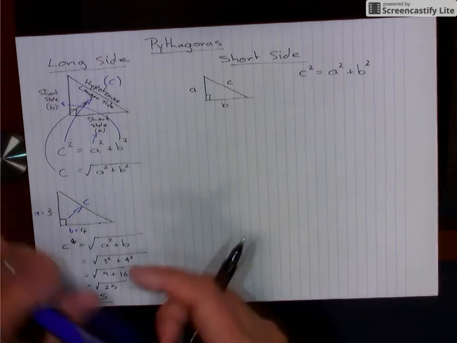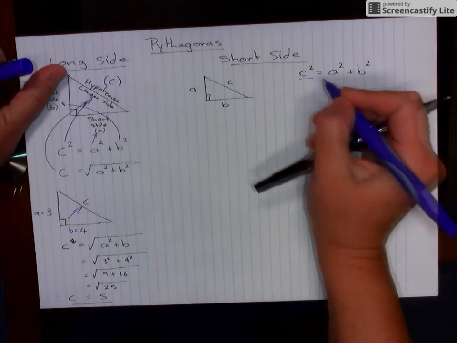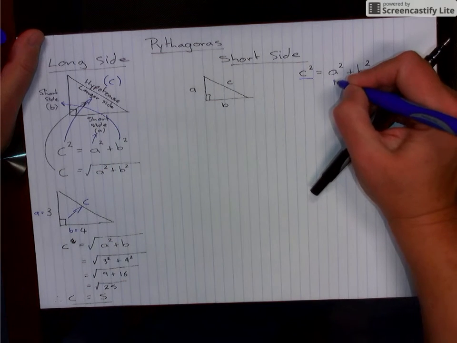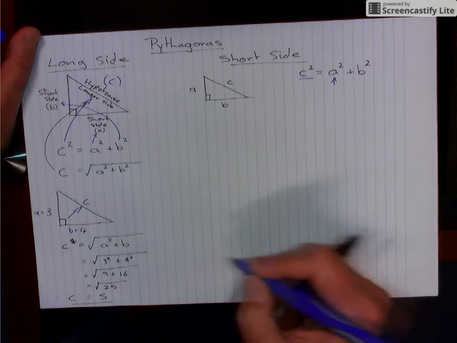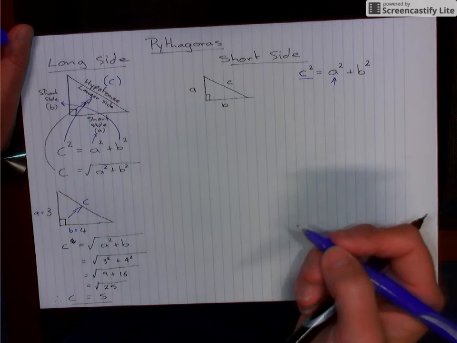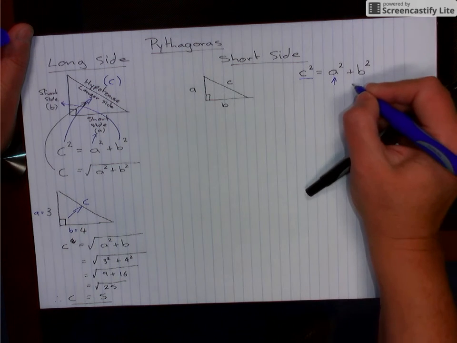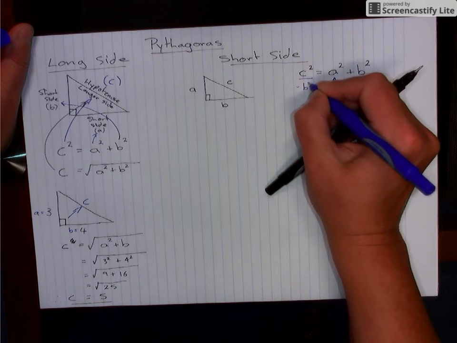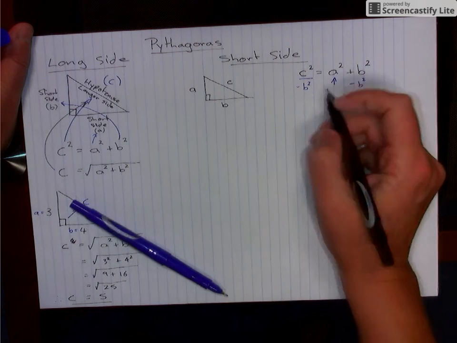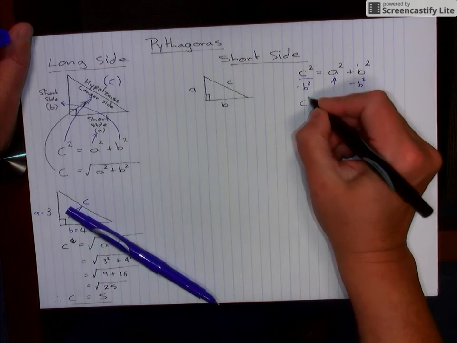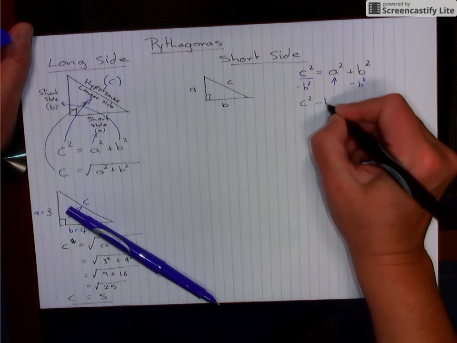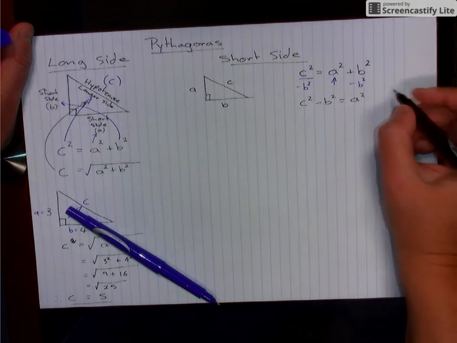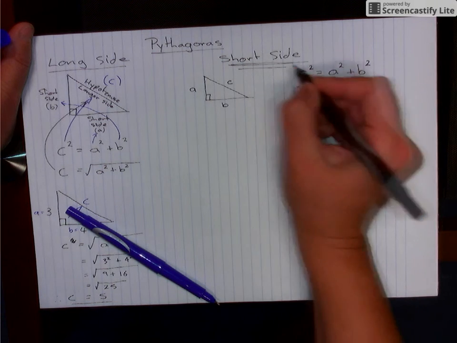That's where c is the subject of our formula. If we want to change the subject of our formula to a, using normal algebraic techniques, we minus b squared from both sides. So now we get the formula c squared minus b squared equals a squared. So this lets us find the short side.